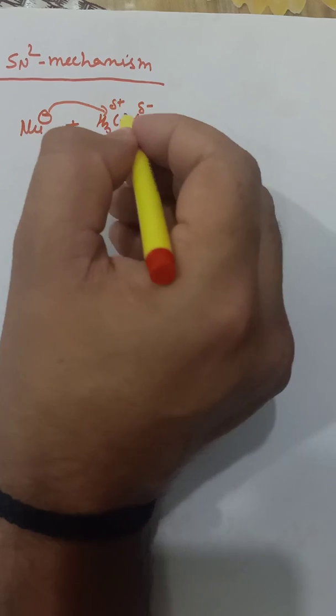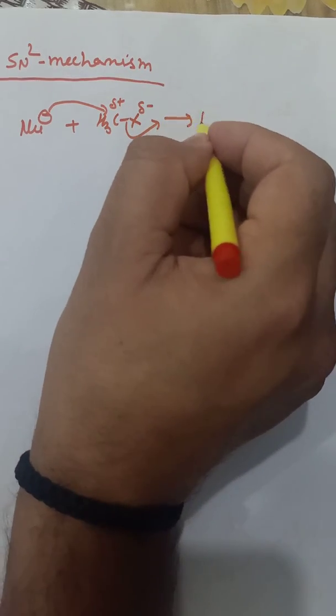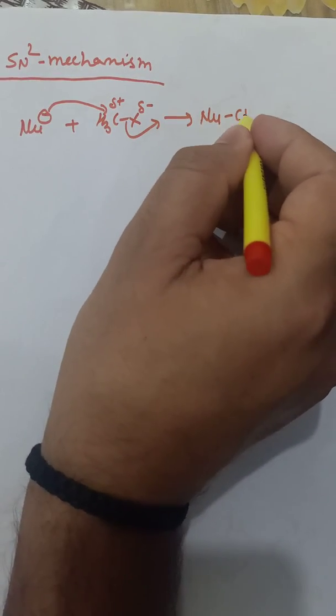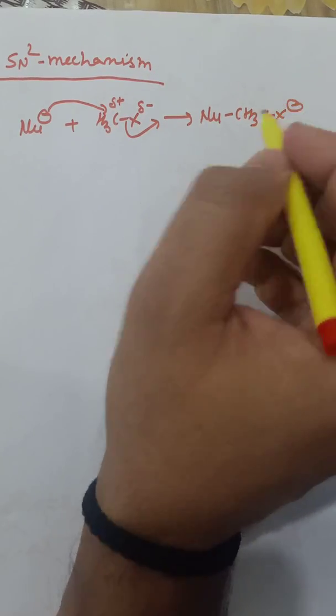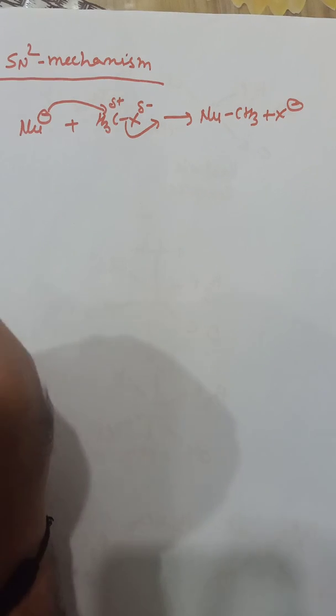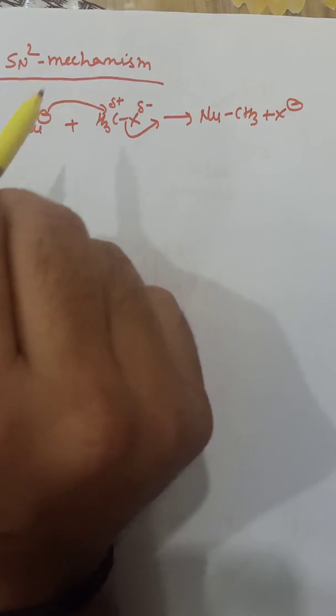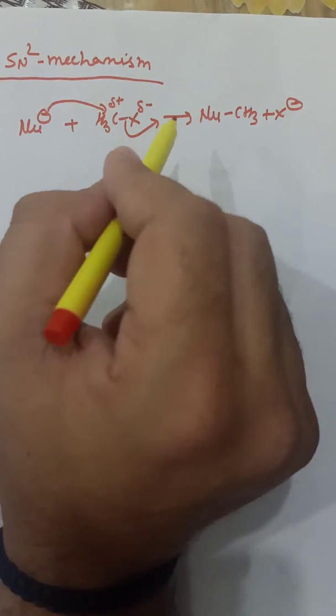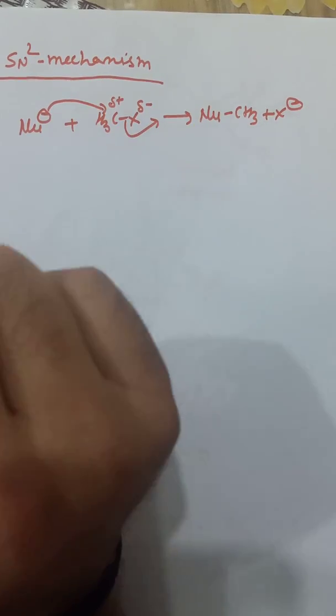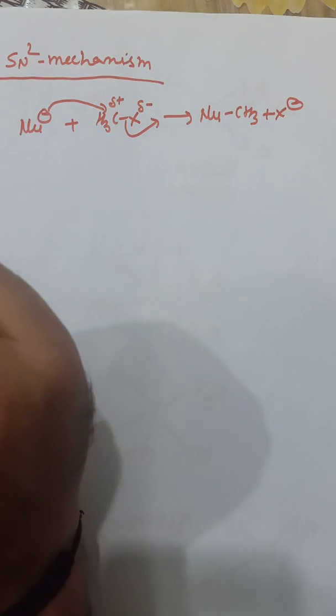The nucleophile will attack here, X leaves, and you get nucleophile-CH3 and X minus. This is the example of an SN2 reaction, where the nucleophile attacks and the leaving group simultaneously leaves the molecule. Again, this is a concerted mechanism, and the nucleophile attacks from the backside.